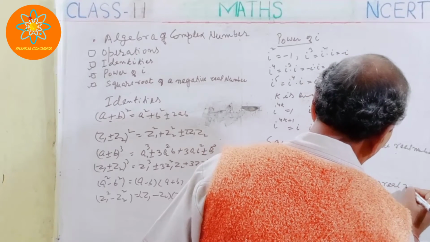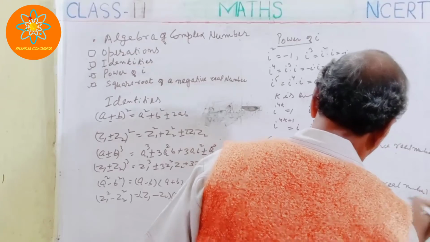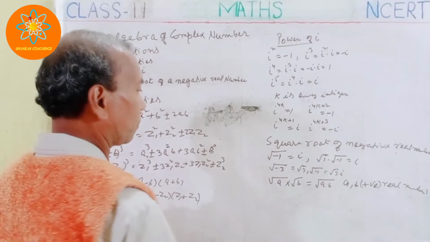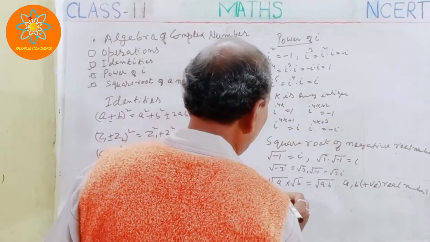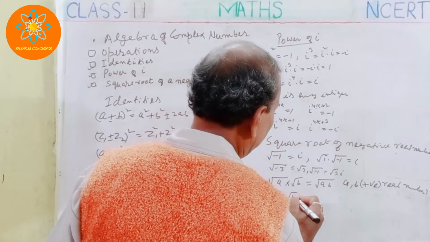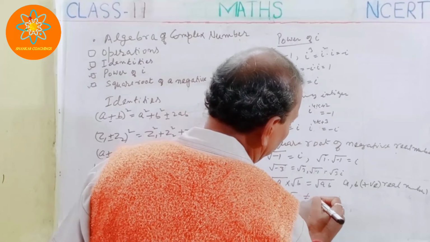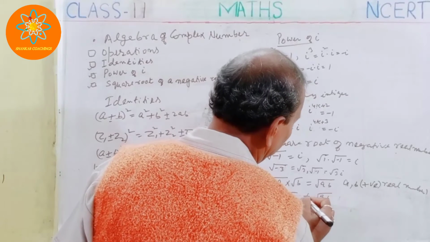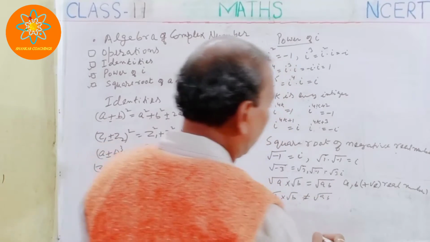So it is true for positive real numbers, but root a into root b is not equal to root ab when a and b are negative real numbers.